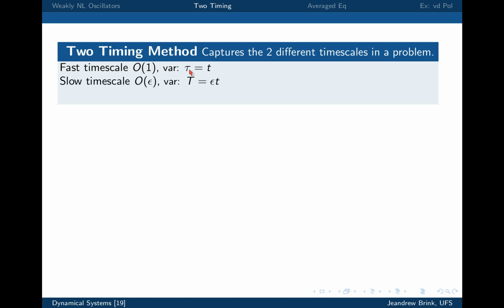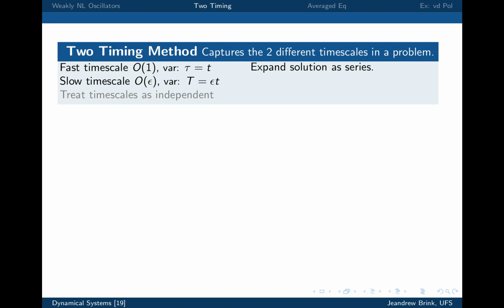And you must view tau and big T as two separate things when you do the calculation, and that's very important. You view them as independent, and then you expand your solution that you're going to put back into that weakly nonlinear oscillator equation.